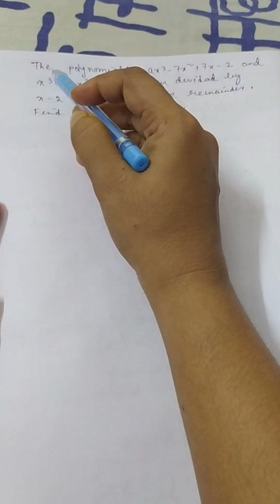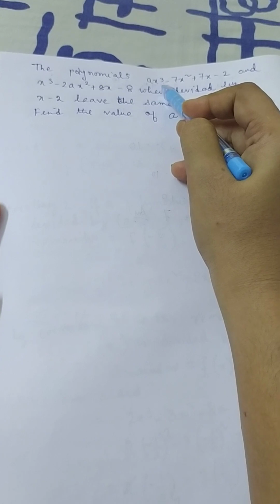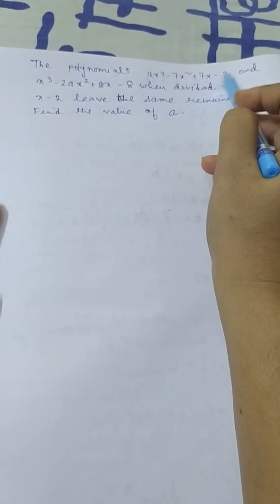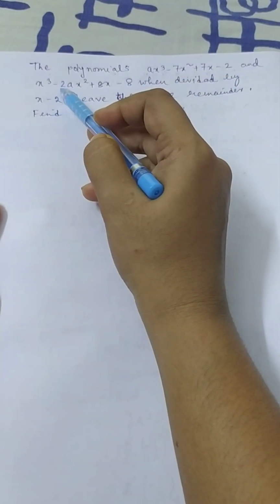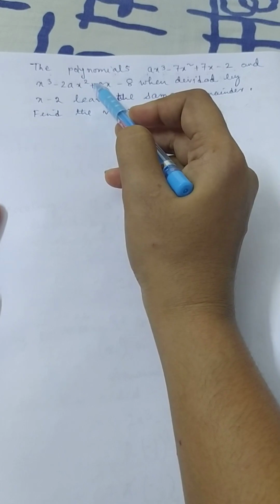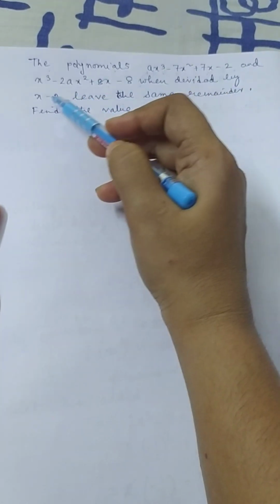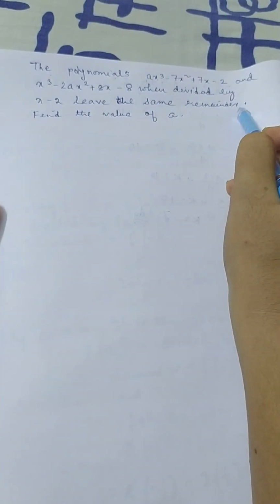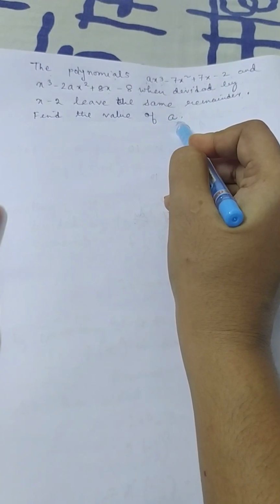The next sum is like this: the polynomials ax cube minus 7x square plus 7x minus 2 and x cube minus 2ax square plus 8x minus 8, when divided by x minus 2, leave the same remainder, and we have to find the value of a.